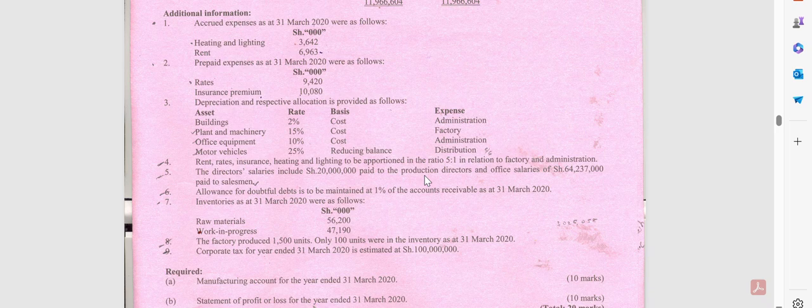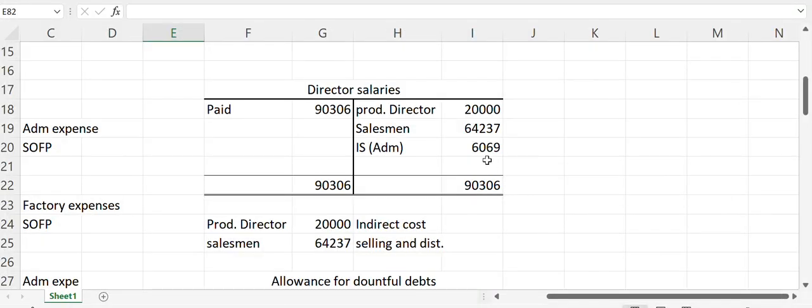That one we took to manufacturing, the 20,000 for directors. Then office salaries of 64,000 paid to salesmen. This one is not supposed to be there for salesmen. So what we'll be recording in admin under director salaries is 70,306.